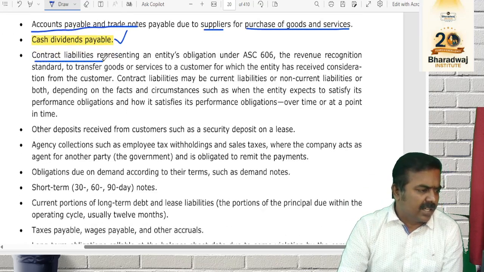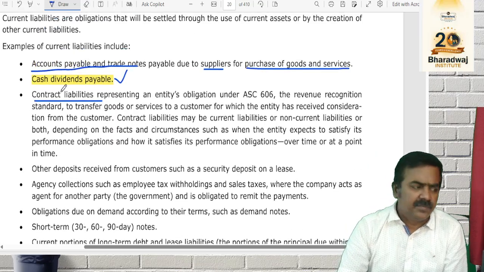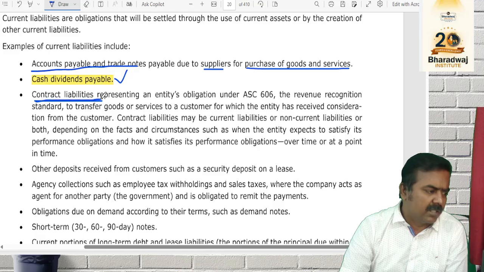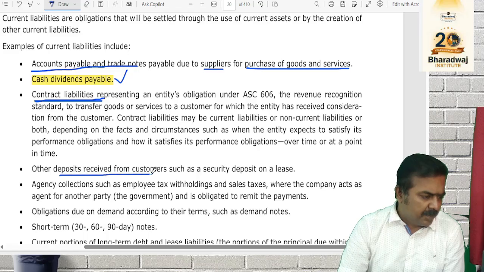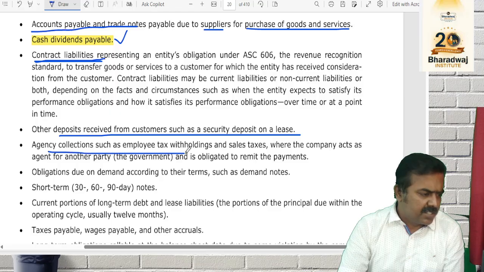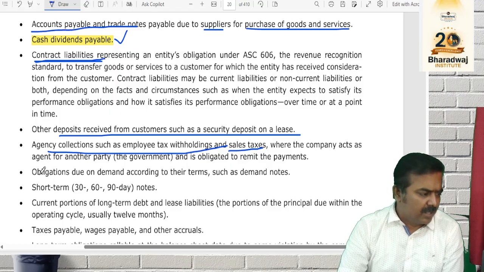Then any contract liabilities that we have to pay within short run. Then deposits received from customers such as security deposit for lease, any agency collections, like TDS or even sales tax withholdings, all those things.